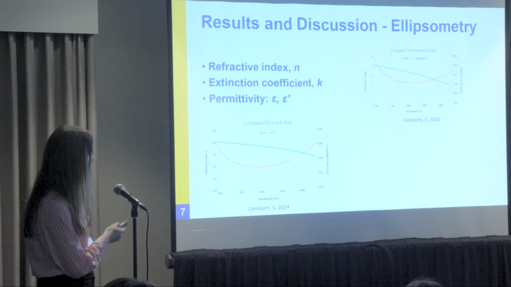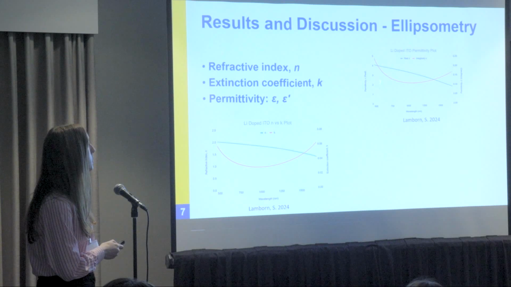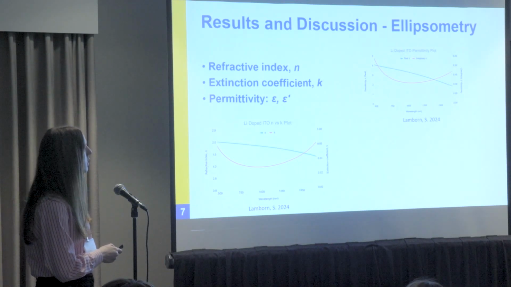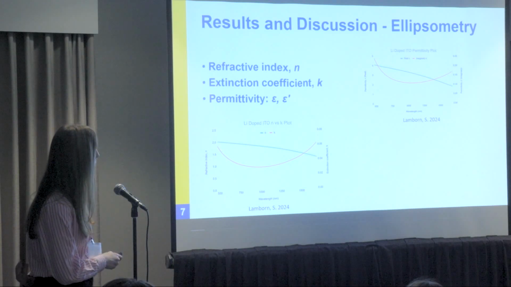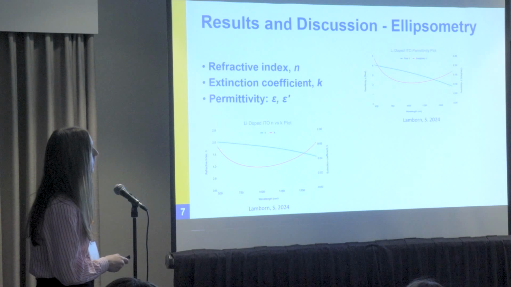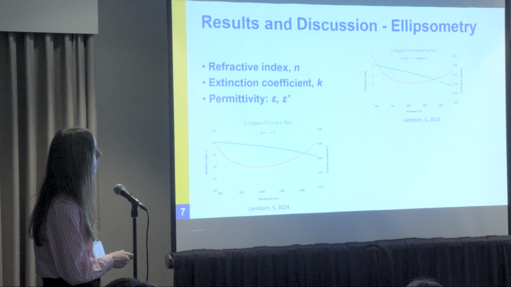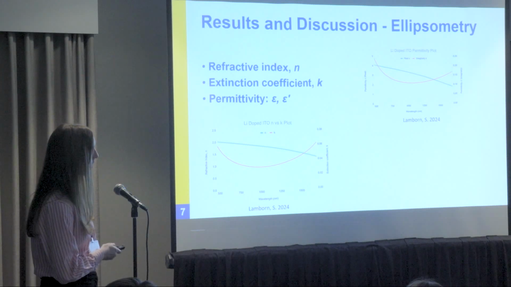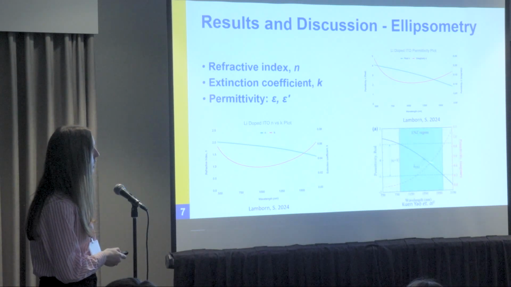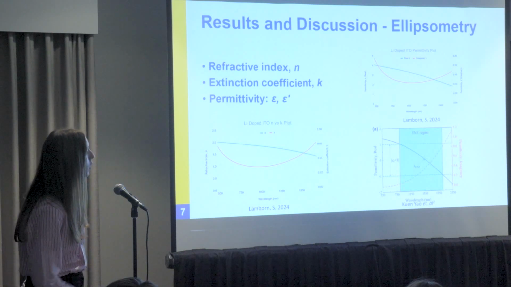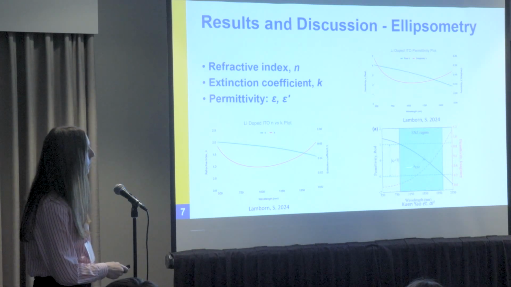And then we use these N and K plots to generate a permittivity plot, where here's the real and imaginary coefficients of the permittivity, epsilon and epsilon prime, respectively. They have an intersection at about 1400 nanometers, which resembles an ENZ region, which is where these two components of the permittivity intersect at or around values of 0.